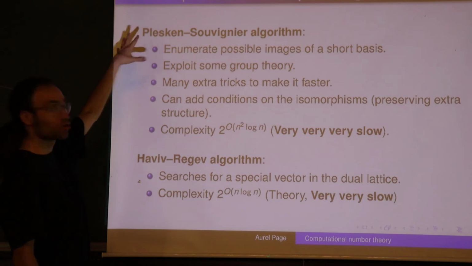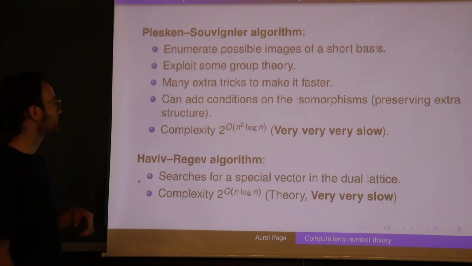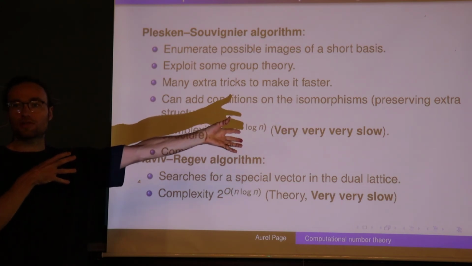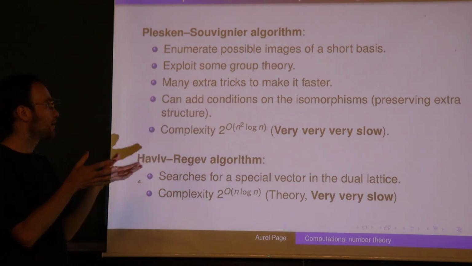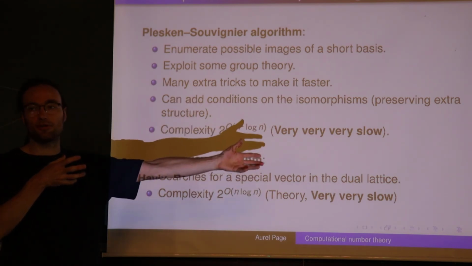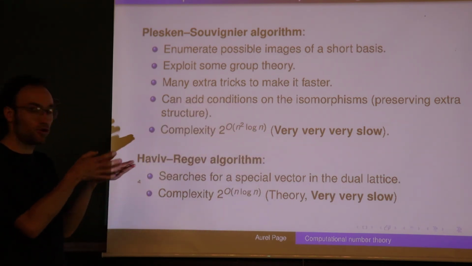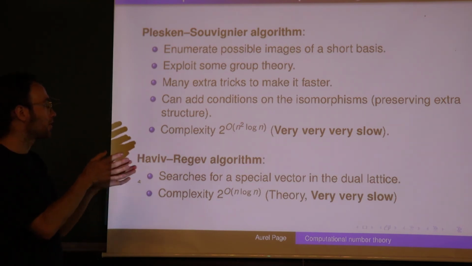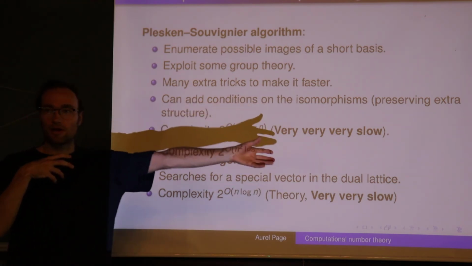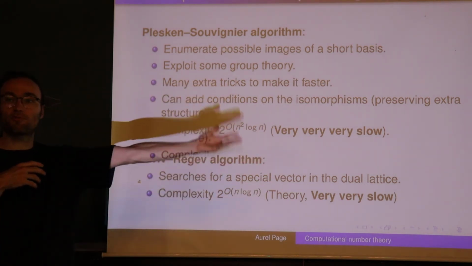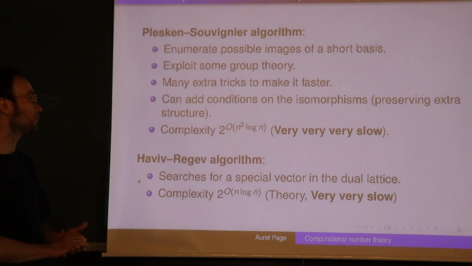You take a short basis of your lattice, and you look at all the possible images of the short basis, because isomorphisms have to preserve the distances. The lengths of the domain vectors have to be the same as their images, and so you have a finite number of possibilities, and you can enumerate them all.